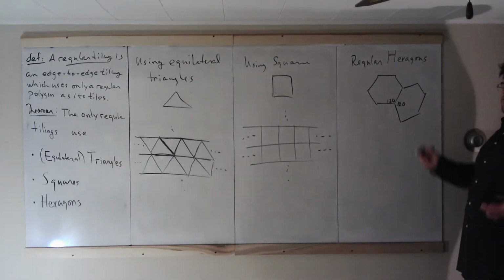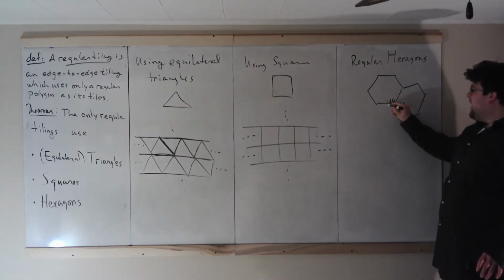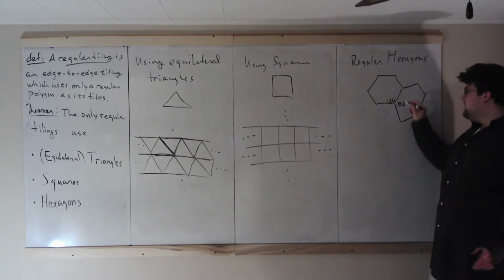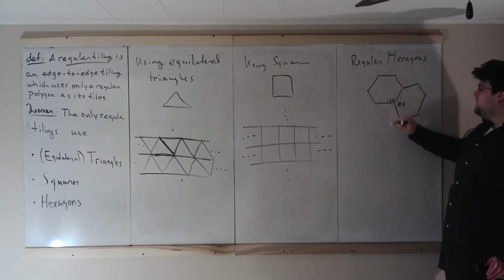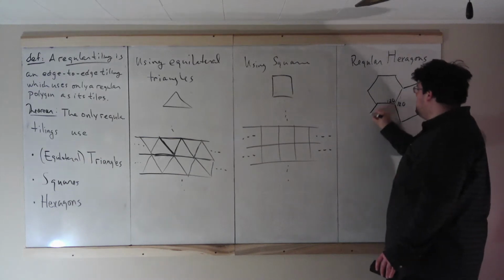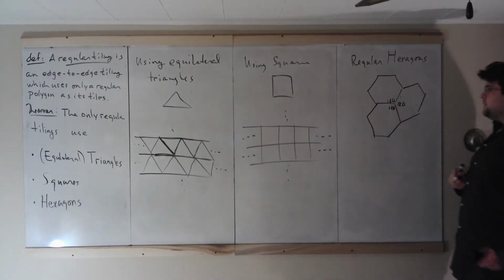If they're all 120 degrees, well, what is this remaining gap? This remaining gap is another 120 degrees, because an entire circle is 360. So we have this 120, this 120. What's left is 120. And inside that space, we can fit another regular hexagon.